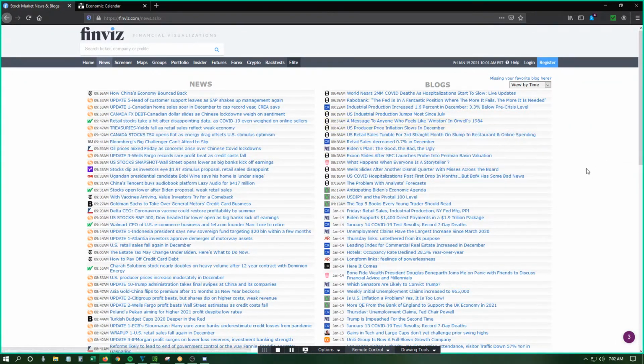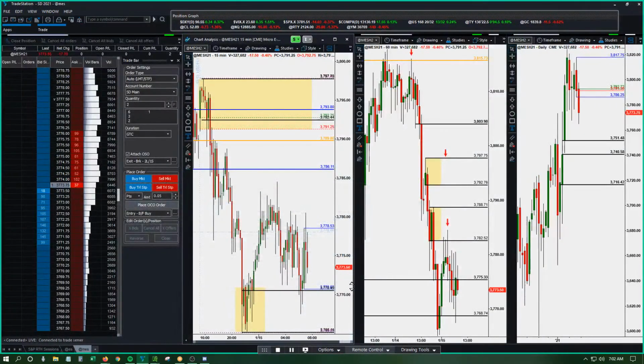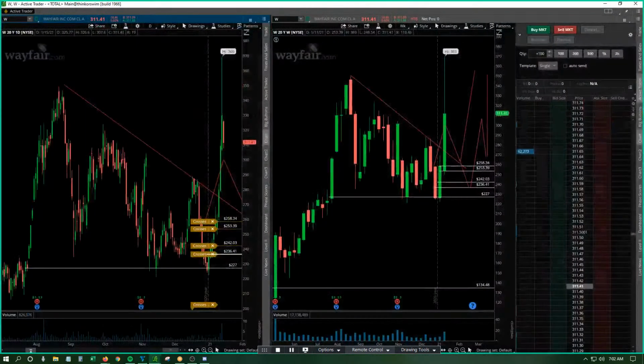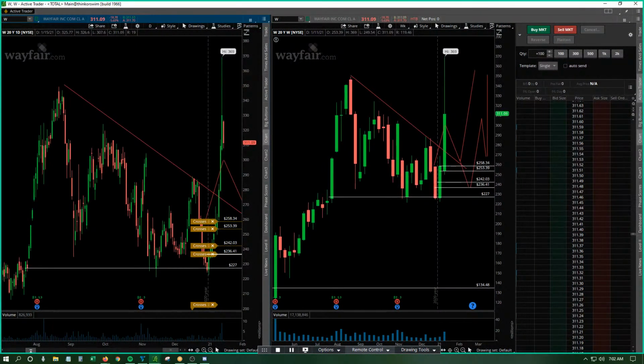Industrial production jumps most since July. Producer price inflation slows. We just got some inflation expectation numbers, and it looks like it's higher than previously. I mean, if you guys want to see inflation, just simply look at some of these commodities.